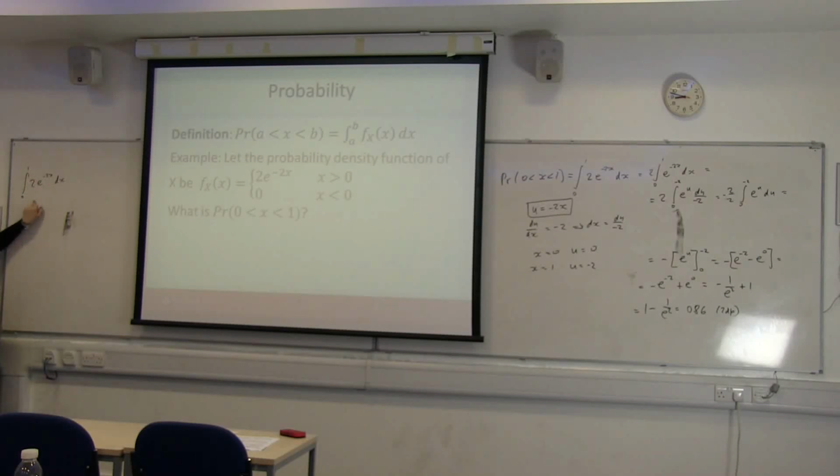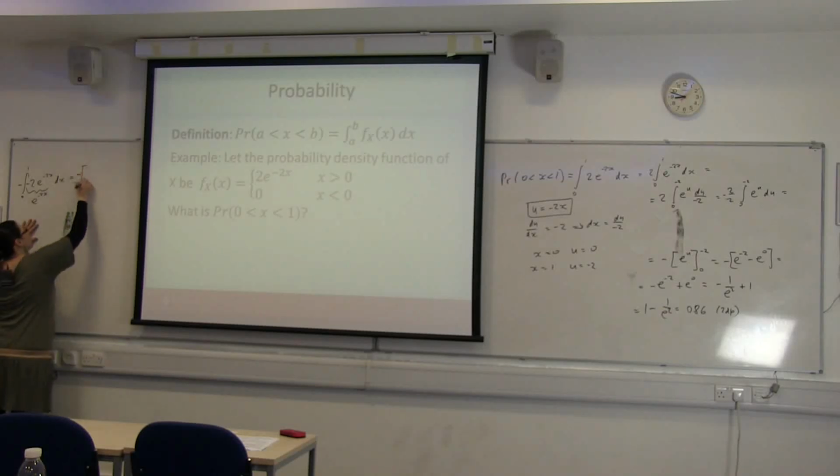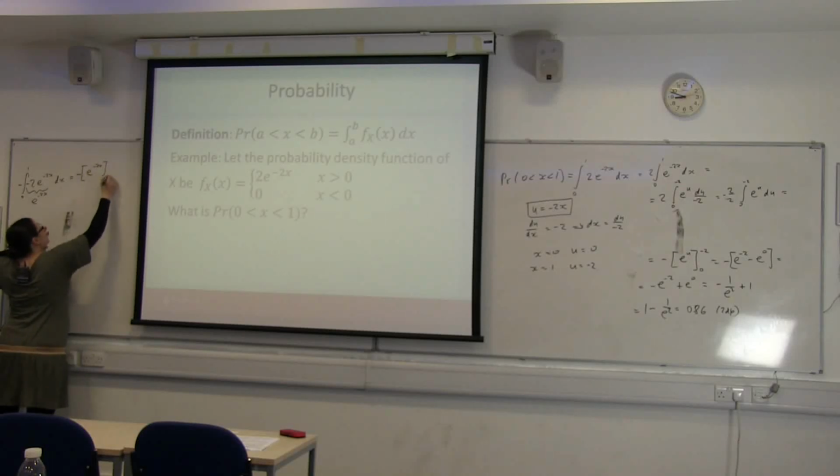I already have the 2 in here, so all I need is a negative in here, but if I bring a negative in here, I need a negative out. The antiderivative of this one is e to the minus 2x. So I could have just said this is minus the integral of e to the minus 2x between 0 and 1.